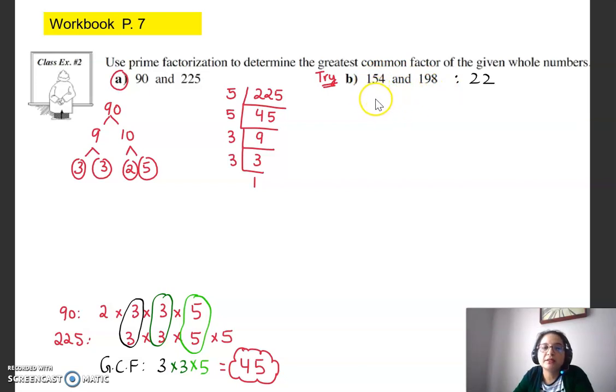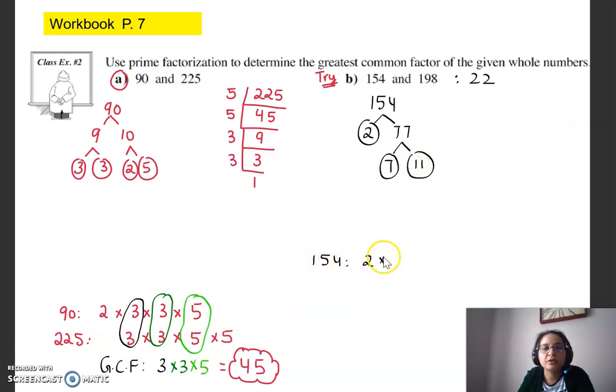So let's say I just did a tree diagram on it. 154 can be divided by 2, and then it will give you 77. 77 can be broken down as 7 and 11, and those are the prime factors. So 154 can be written down as 2 times 7 times 11.